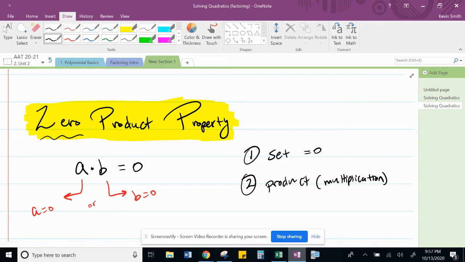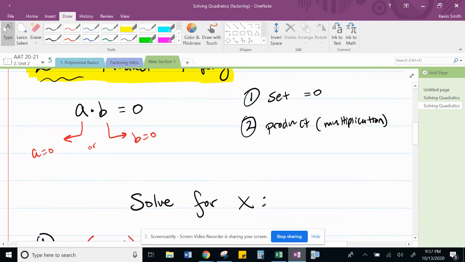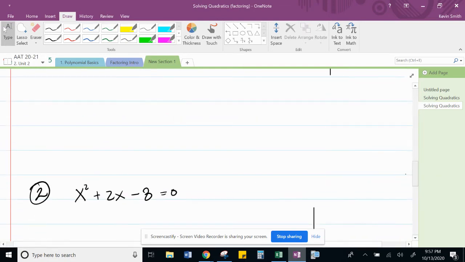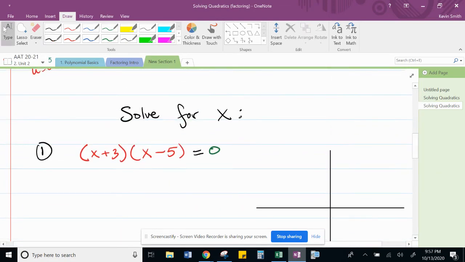So this has some really important implications, and this is kind of the reason why we factor, because we look at problems like this. And so maybe you see it or maybe you don't, but these two products are being multiplied together, right? Like if you were looking at the example above, this could be A times, and this could be B. So we have all the scenarios to use the zero product property, right?